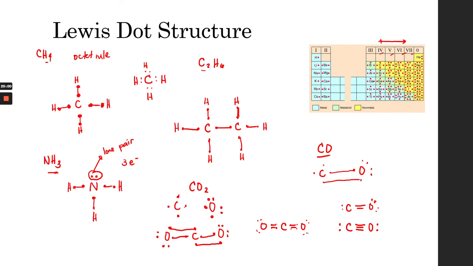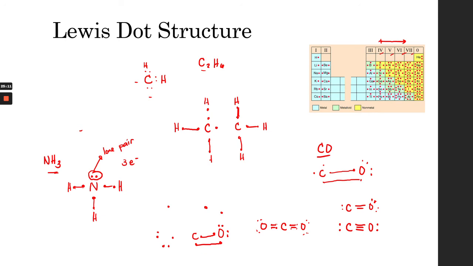So let's erase some of these examples, and I'm going to discuss something a little bit more about Lewis structure, called sigma bonds and pi bonds. Let's go back to our sample problem here.